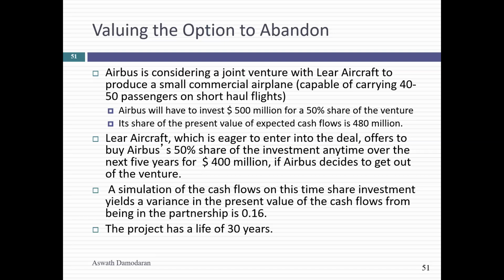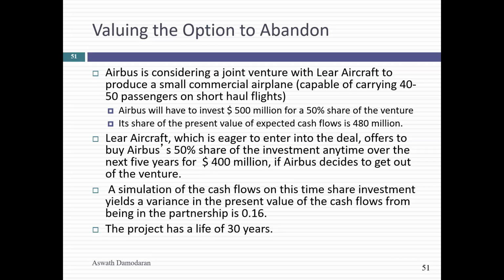And you estimate your expected cash flows and decide what to do. The 50% that I offer you, I want 500 million for, and you calculate the cash flows and come up with a present value of 480 million. You say, no, we're not interested. Why? Because you're asking me for 500 million and it's worth only 480 million.